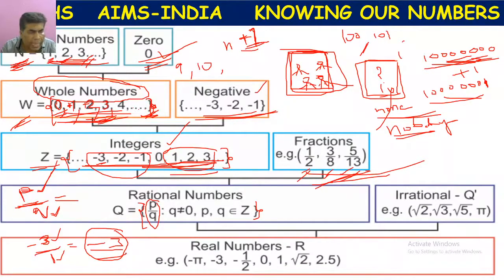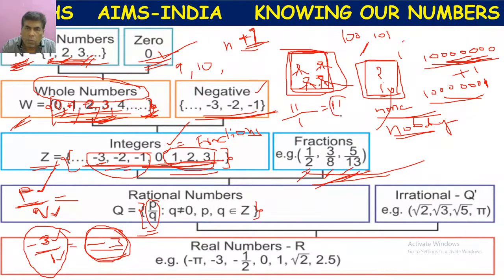So what I mean to say is -3 also can be written in the form of p by q. So all integers can be written in the form of p by q, so they are also considered as fractions. If you take 11, how can you write 11? You can write it as 11/1, which is equal to 11.